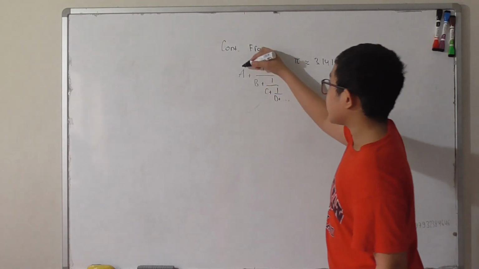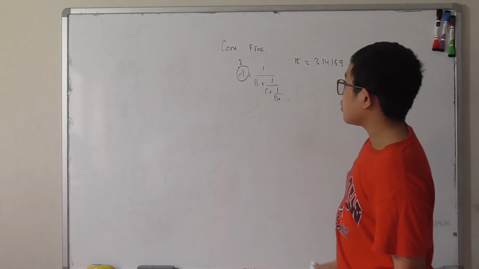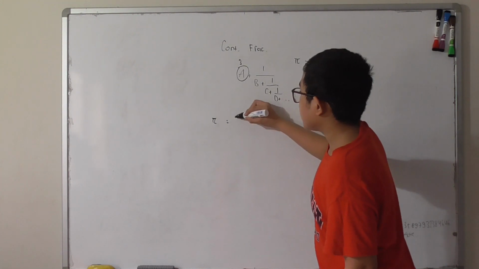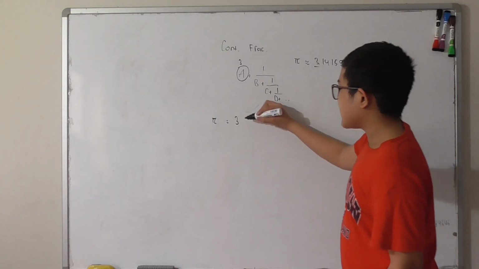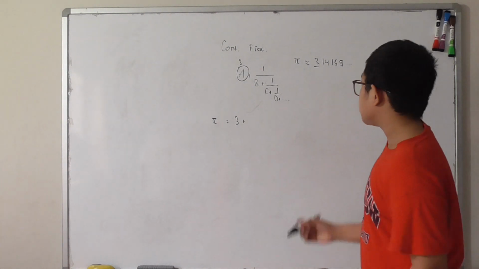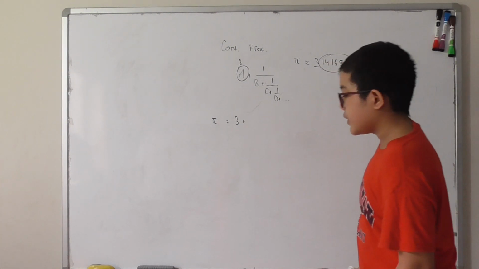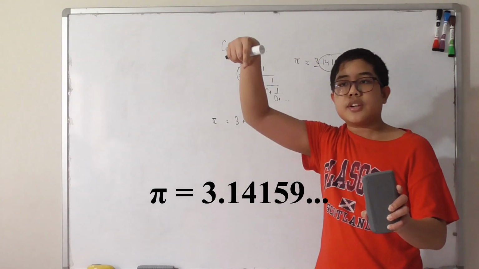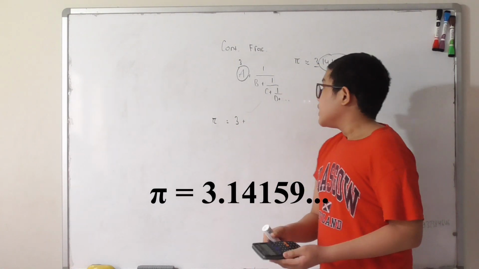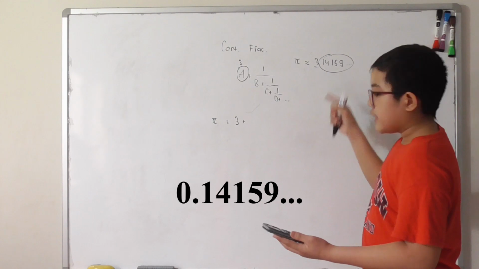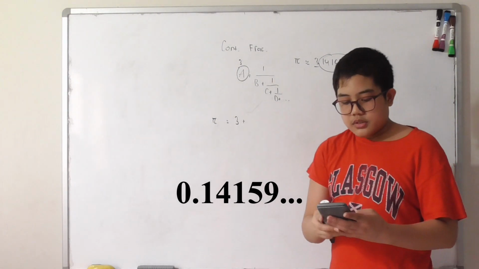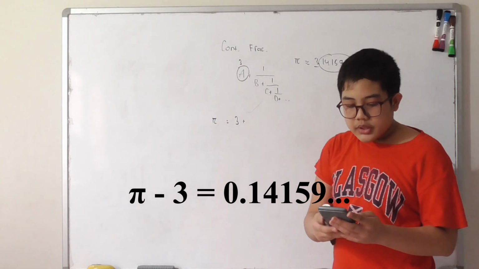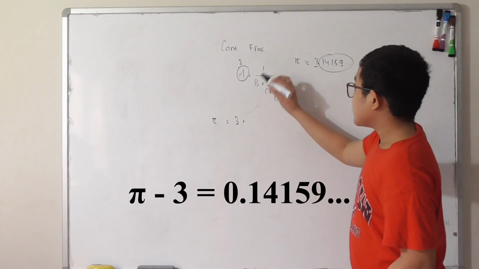So firstly, we know that a is going to be 3, because that's going to be the number on top of here. So pi is going to be 3. But we know it's going to be 3 plus a bit, right? Which is 0.14159. So I'm going to take my calculator in here, and I've already put some values on the screen. So if we take 0.14159, which is basically just pi minus 3, and then we can write it as an inverse of it.